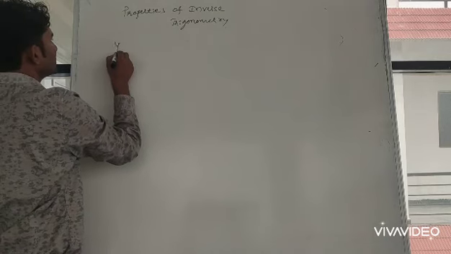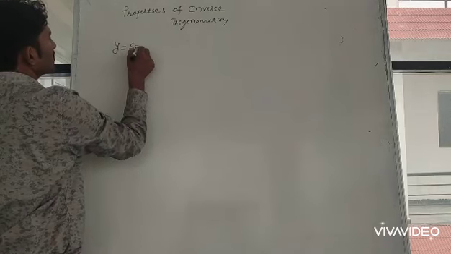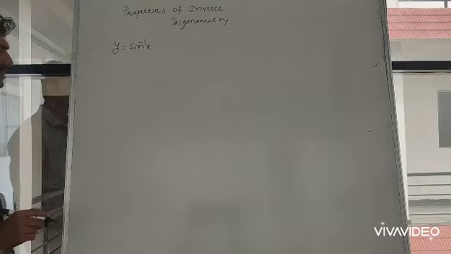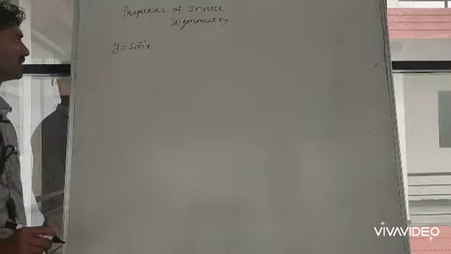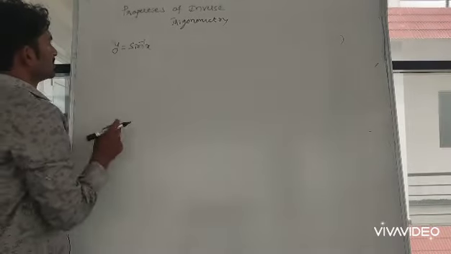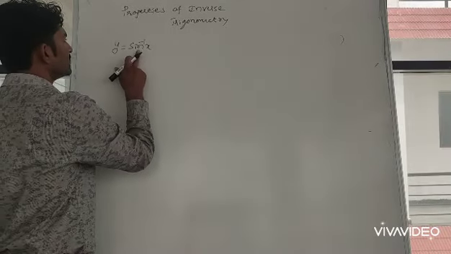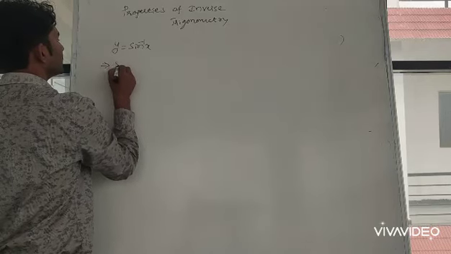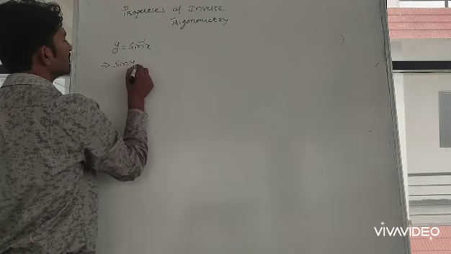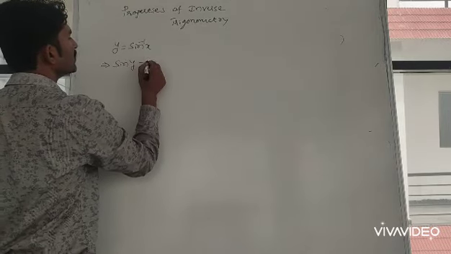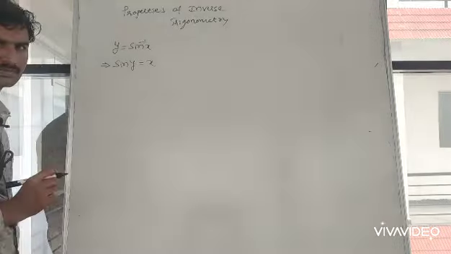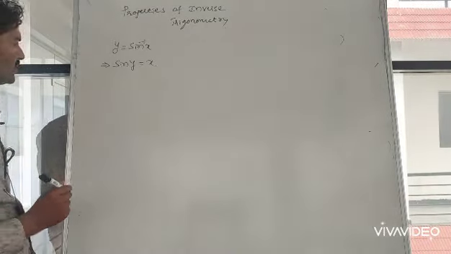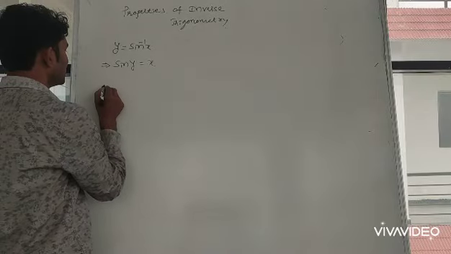Property means let us consider y is equal to sine inverse of x is the function. If you take this sine inverse to the left hand side, it will become sine. So sine y is equal to x we will get. Then what happens here?